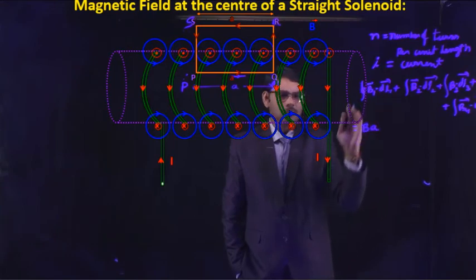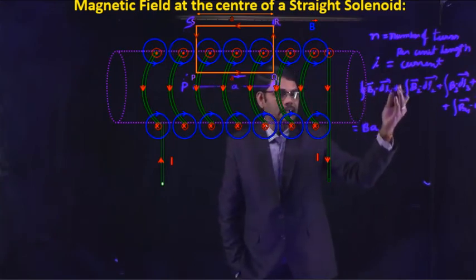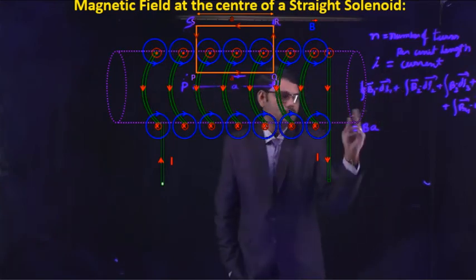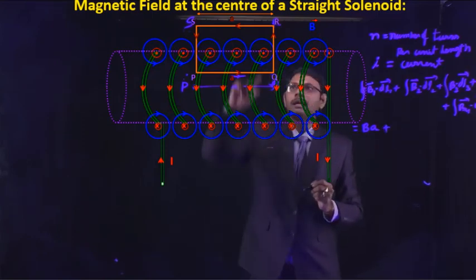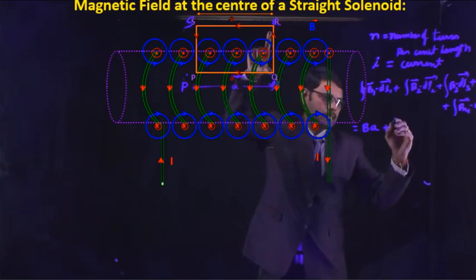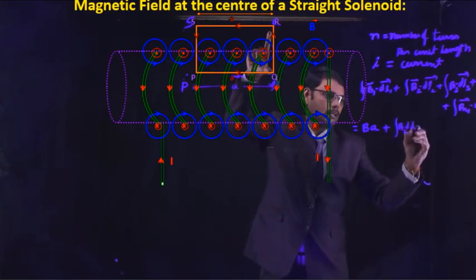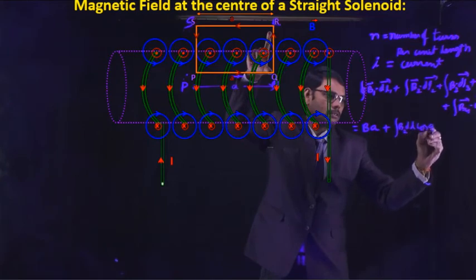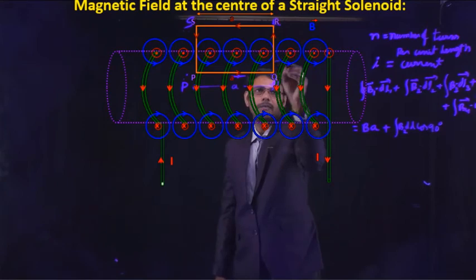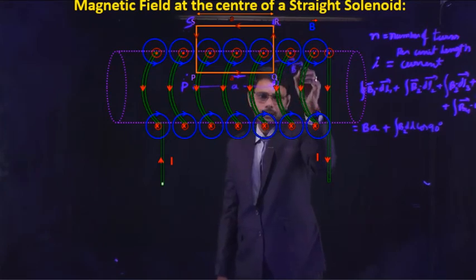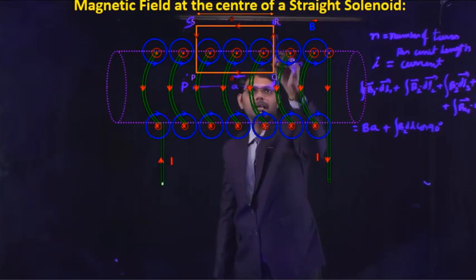B is constant throughout its length, so B times the integral of dl, the total length of PQ, is Ba. Plus, for the QR part, it is B2 dl cos 90, because for this part the magnetic field is along this direction and the length is along this direction, so the angle is 90.